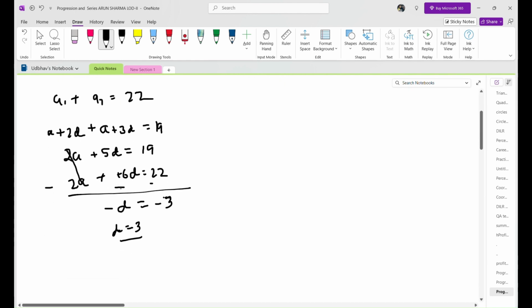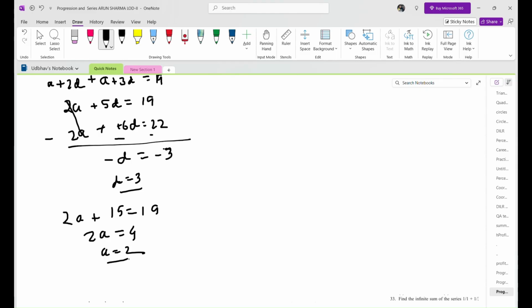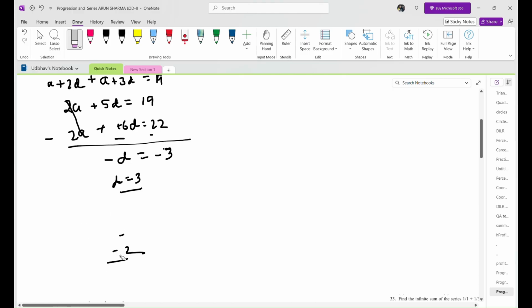And we can put this D back into any of these equations to get back the value of A. 2A plus 15 equals 19, 2A equals 4, so A equals 2. So we got D equals 3 and A equals 2.